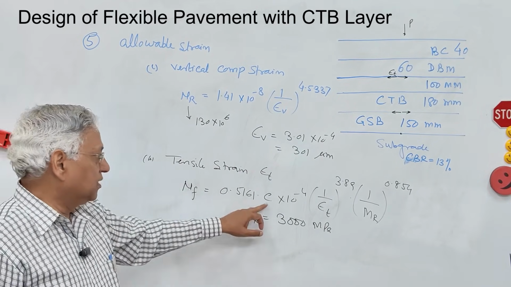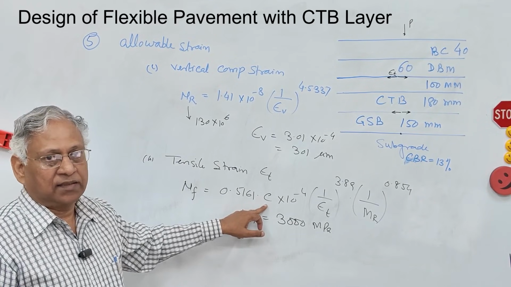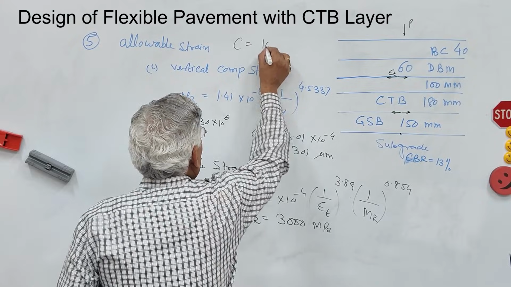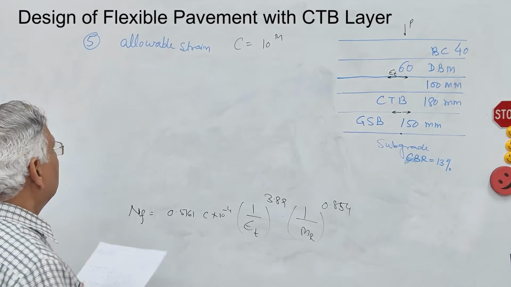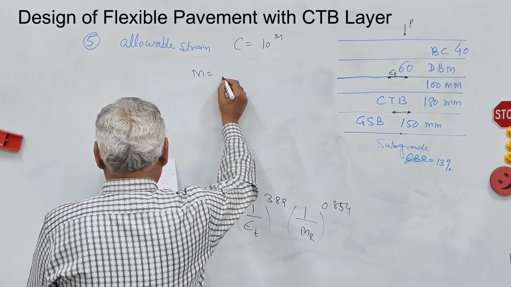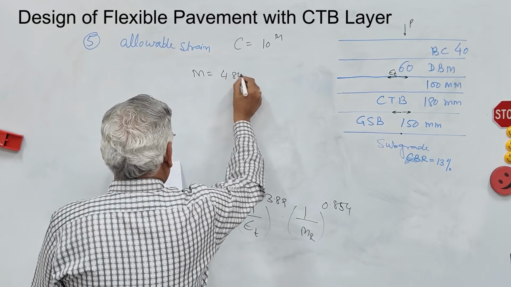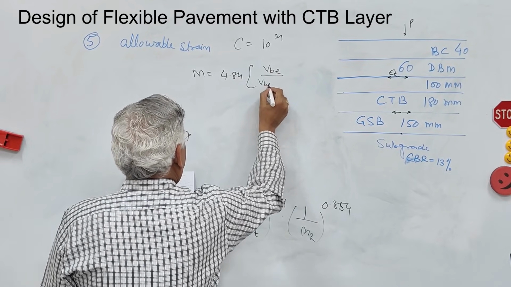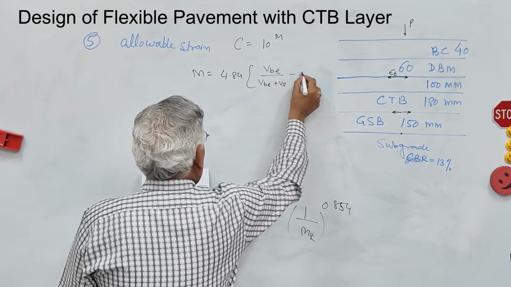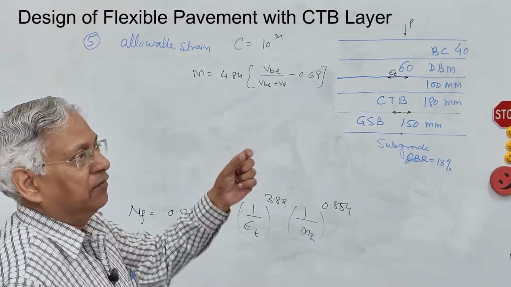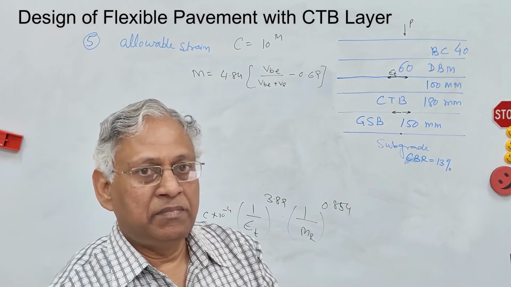C is a parameter which depends upon the mix design properties, and the value of C is given by 10 to the power M. M is a parameter which is given by this equation: 4.84 into (VBE upon VBE plus VA minus 0.69). Now VBE is the volume of effective binder in the mix.